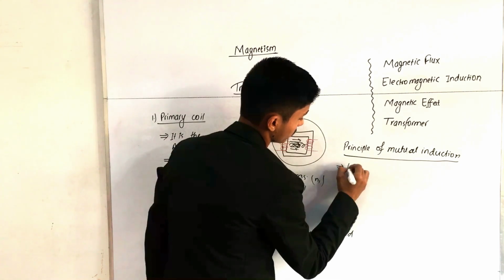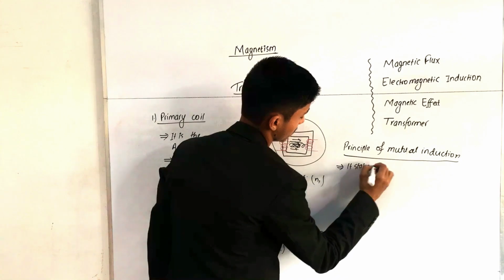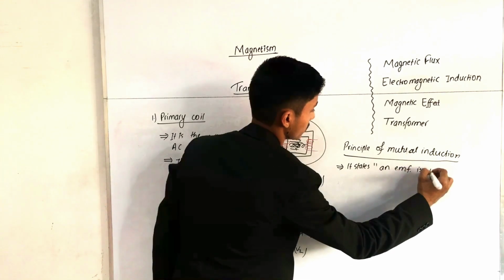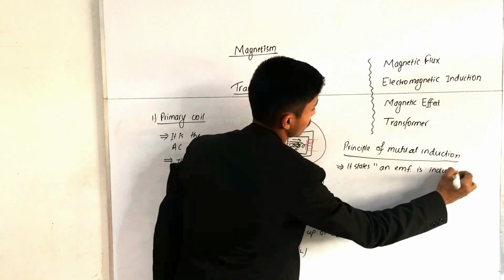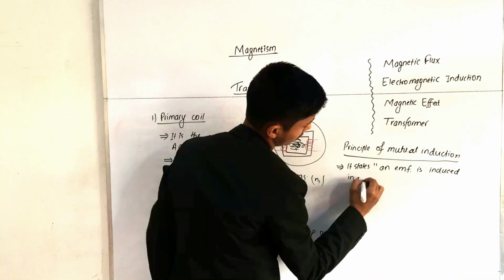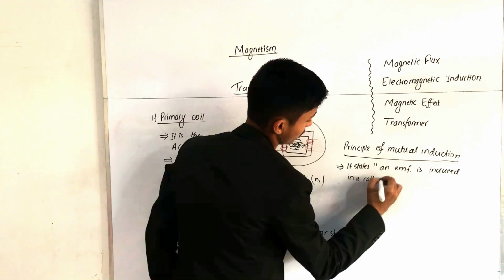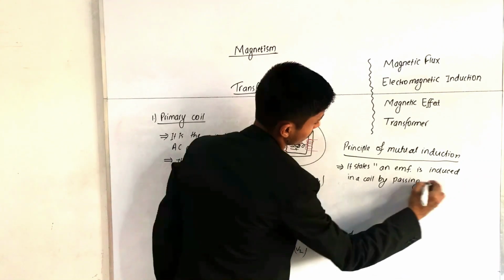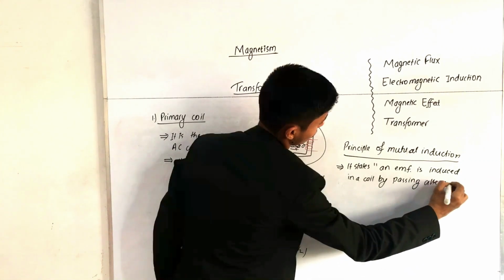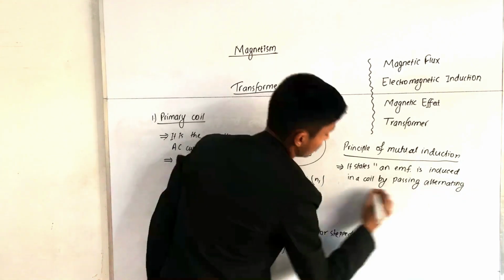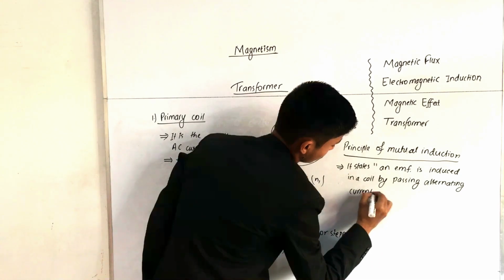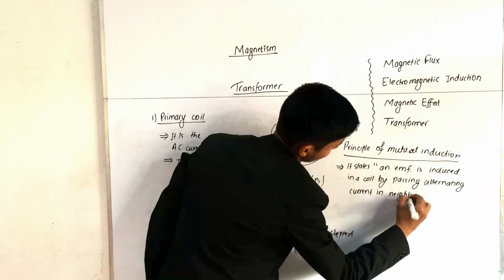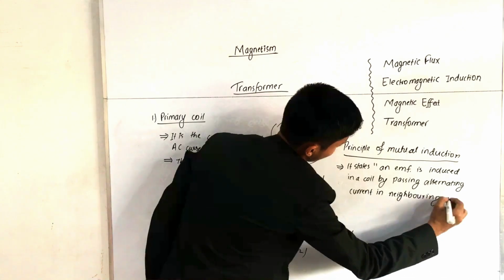It states an EMF is induced in a coil by passing alternating current in a neighboring coil.